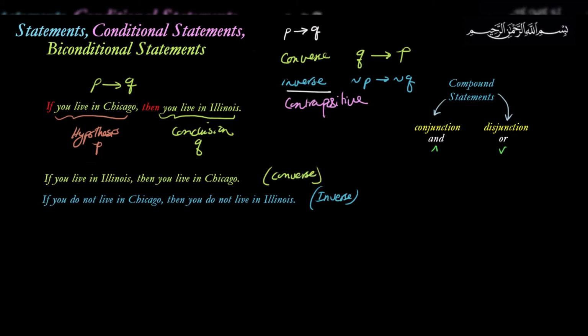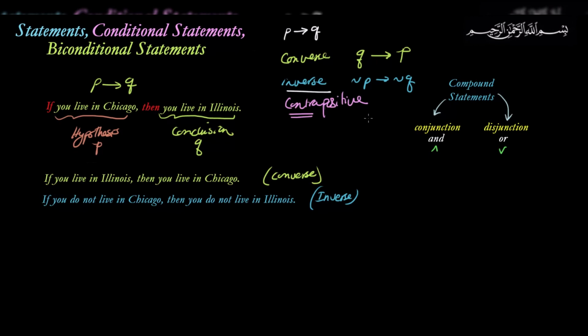And finally, there's another variation that you can produce using the same particular statement, and that's called the contrapositive. Contrapositive is the biggest word, probably the most confusing of all of these words. Contrapositive is the inverse of the converse. What does that mean? To make a contrapositive statement from the original statement, first you do the converse.